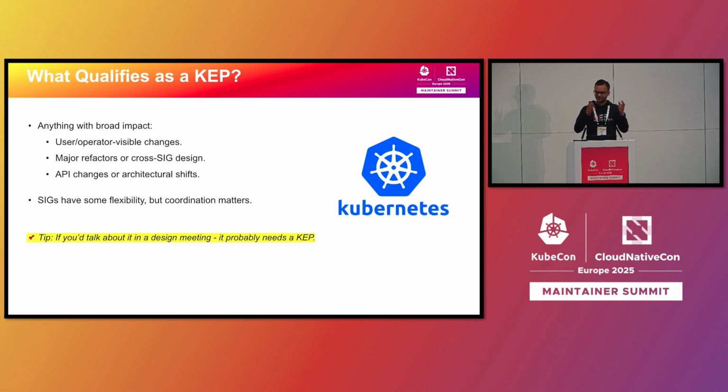But these are not hard-coded requirements, so SIGs have flexibility to decide the threshold for a change to qualify as a KEP. The tip that I can give you: if it is something that you are going to talk about in a design meeting, it probably needs a KEP.